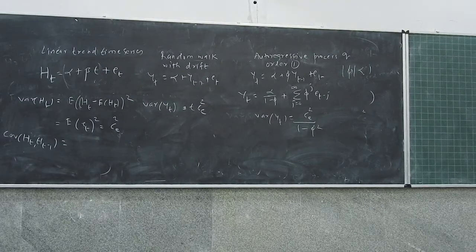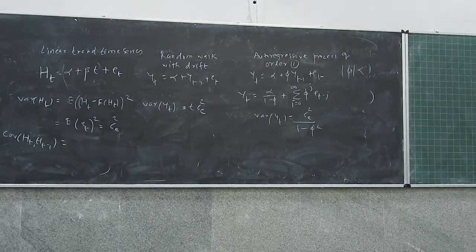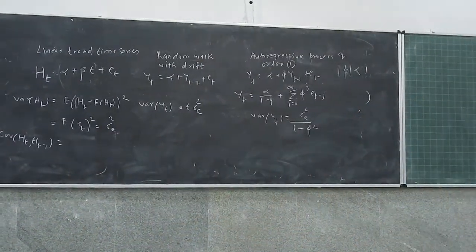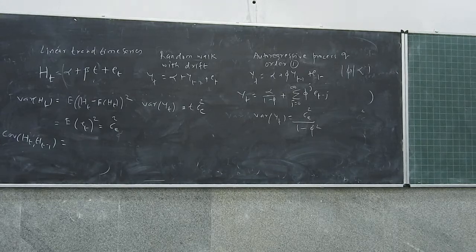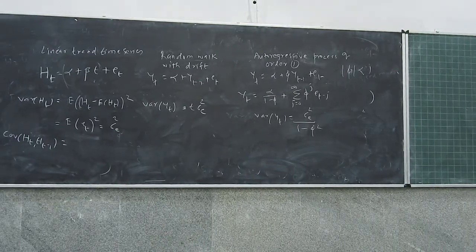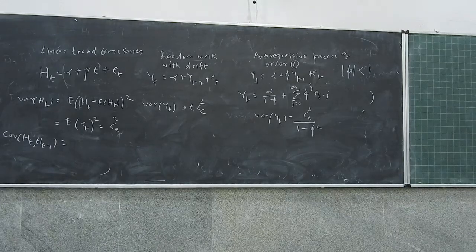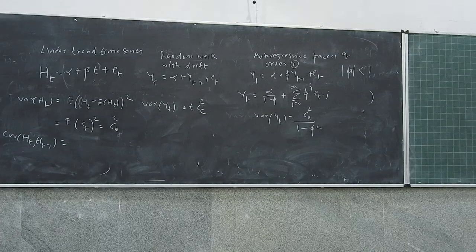What is the formula for covariance? Expectation of ht minus expectation ht into ht minus 1 minus expectation ht minus 1. So first calculate ht minus expectation ht, and ht minus 1 minus expectation ht minus 1.